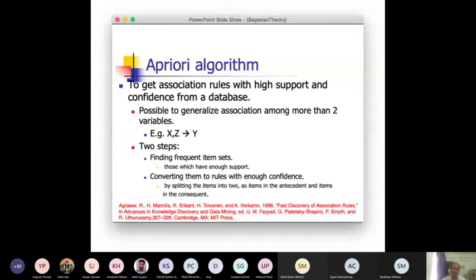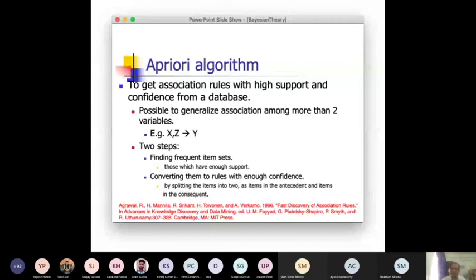In the first step, you are trying to get a set of attributes where there is a possibility of finding some association rule. And in the second step, you are forming hypotheses from those possibilities, and each hypothesis is checked by computing the corresponding strength or evidence.